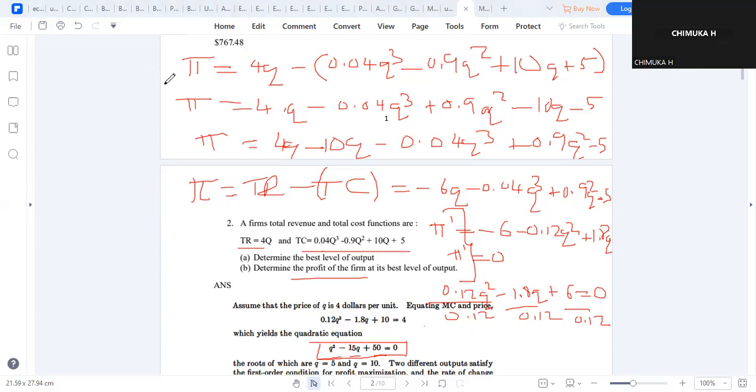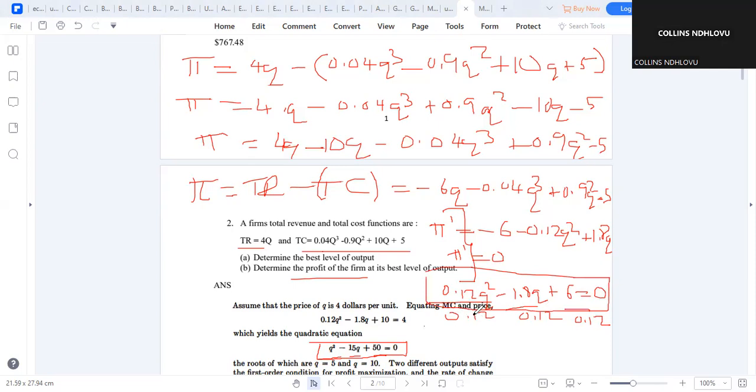Why are you equating the profit to 0? At this point, you can leave it as it is, get the variables as they are. I just wanted to simplify so that you have a 1 here.